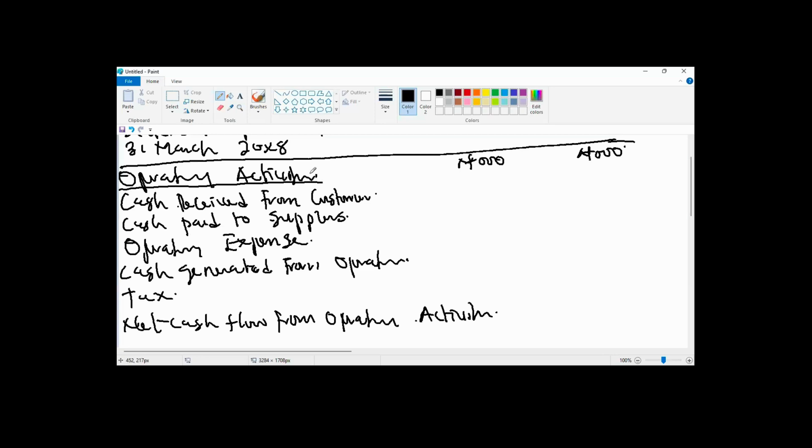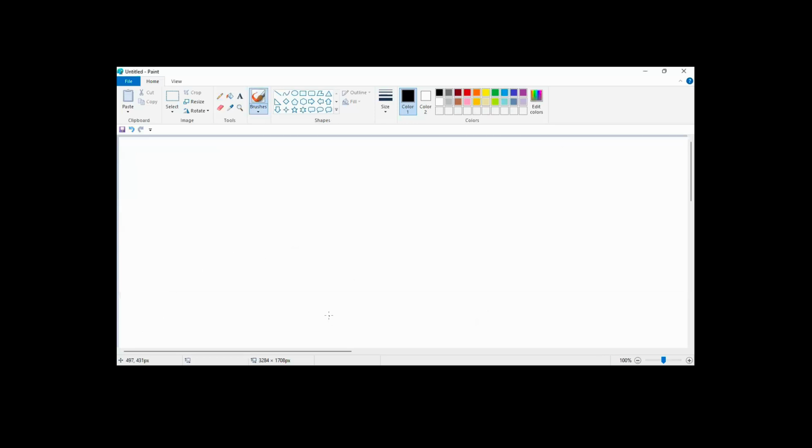Then I'll pick the question: what is cash received from customers? What connects me and my customer? It is the trade receivable and the goods I sold to them, which is the revenue.